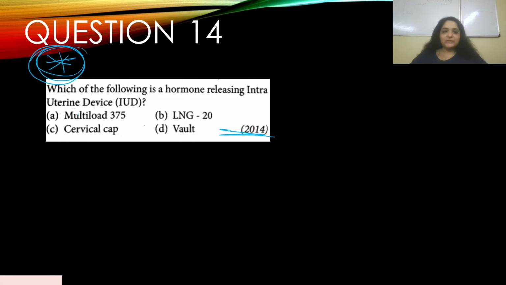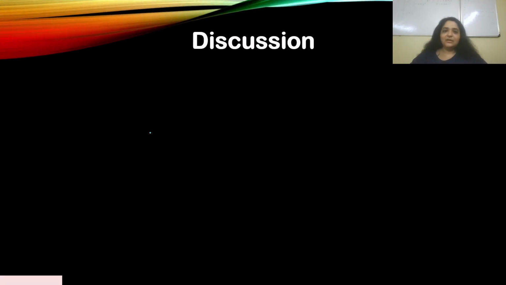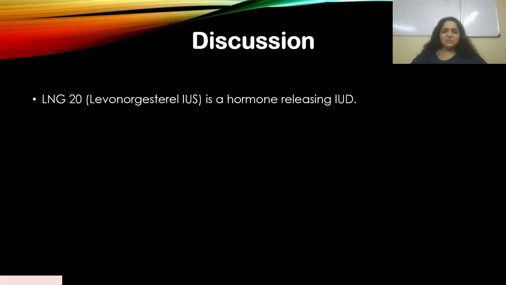So the hormone releasing IUD is either A, Multiload 375, which is incorrect; B, LNG20, yes; Cervical cap, no; Vault, no. So the answer is B. I've discussed LNG20 already, so I'll not be discussing this in detail now. It's a hormone releasing IUD.